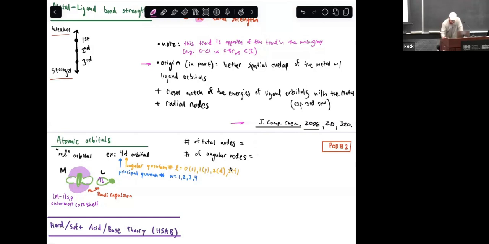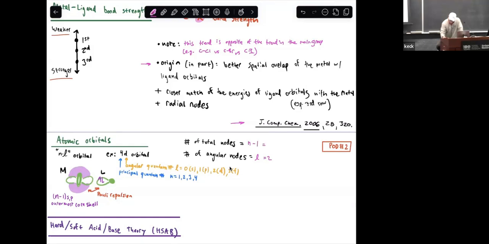So if it's d, then it means there's 2 angular nodes. Okay, so the number of angular nodes is l, as we defined it here; l equals 2 in this case. And then what about the total number of nodes? It's going to have, I think, 1 spherical node. Okay, so 3 in total. In general, it is the principal quantum number minus 1.